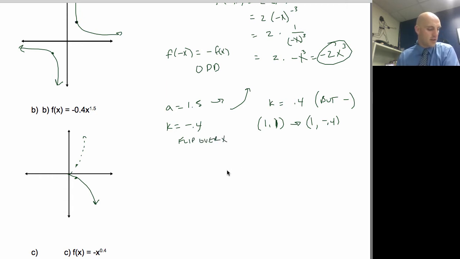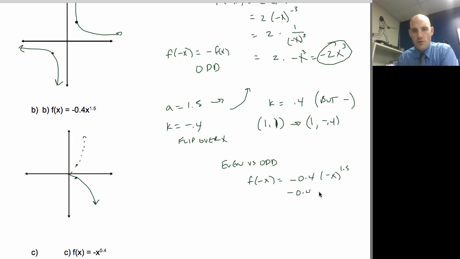And is it odd, even, or neither? So even versus odd. Let's look. f of negative x is equal to negative 0.4 times negative x to the 1.5 power. How do I do this? Well, take a look. This is negative 0.4, negative x, and if this is 1.5, this is 3 halves, which would make this negative 0.4 times the square root of negative x cubed.